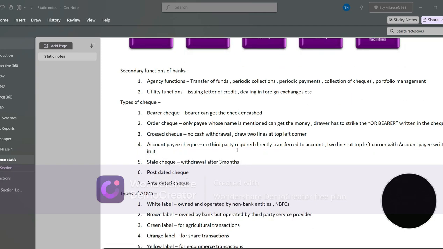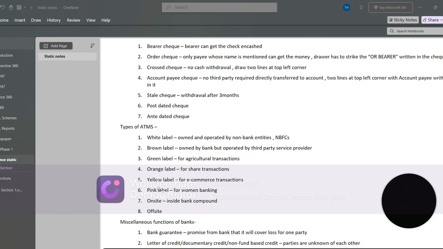Stale check is if the check is presented for withdrawal after 3 months. Post-dated check is if I drop a check now and the date is later, and from that date 3 months will be counted. Antedated check is, no, actually, I just said the opposite. Antedated is if the date is earlier than now, and post-dated is if the date is later than today. Yeah, that is all.